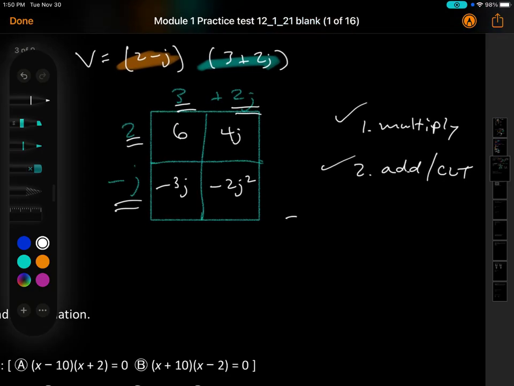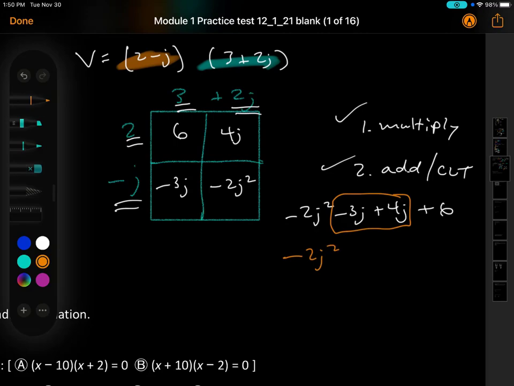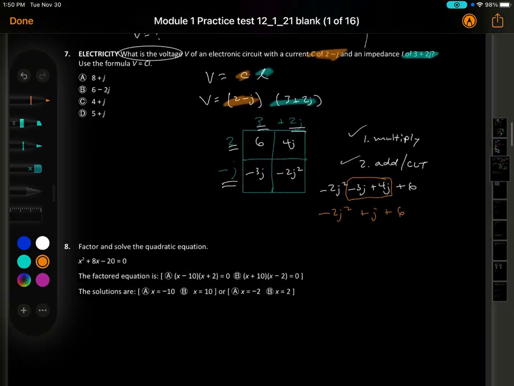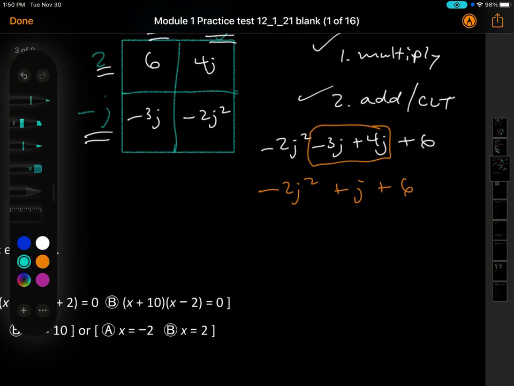I'll just put it out here so you can kind of see that. And then we'll just combine like terms. These two are like terms, so I have negative 2j squared plus j plus 6. You'll notice that that's not one of our answers because I said that you might want to change this into i's. And then right here, i squared equals negative 1.